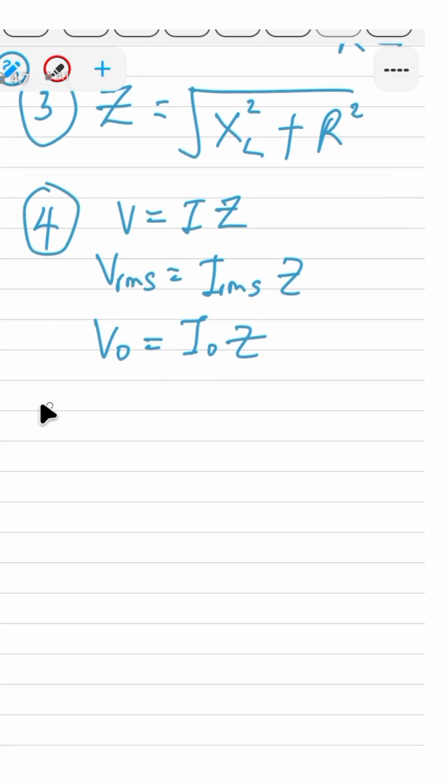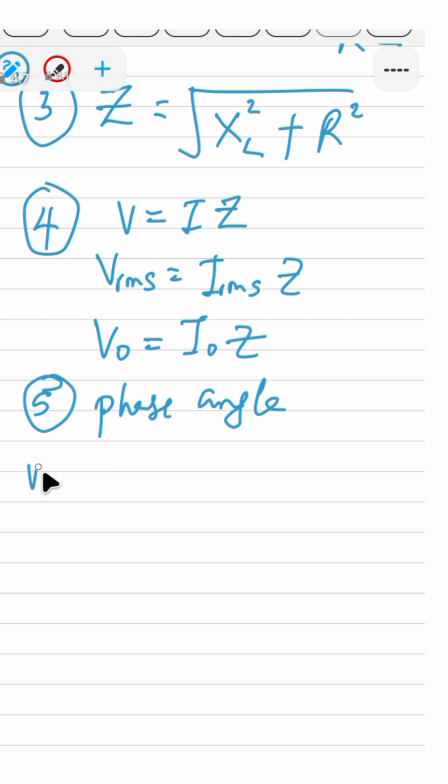Then the phasor diagram. Don't waste your time, don't stress yourself. When they ask you for the phasor diagram, I think I have done the phasor diagram. Now the phase angle. I told you there's the voltage method and there's the opposition method. You can use either here, it will also work.